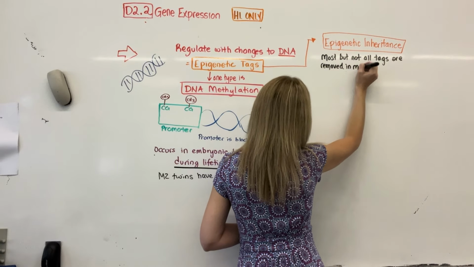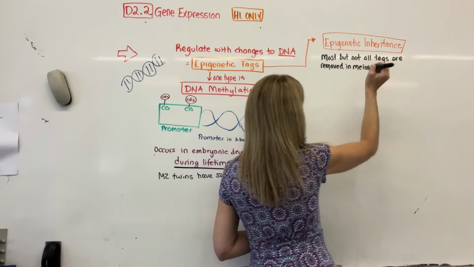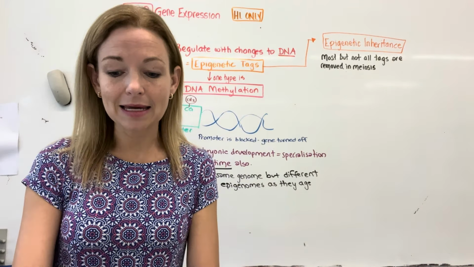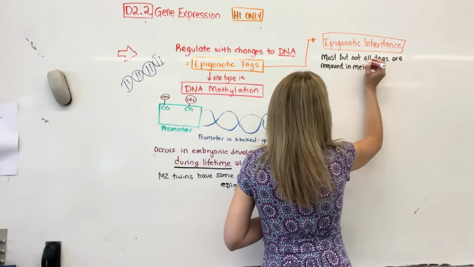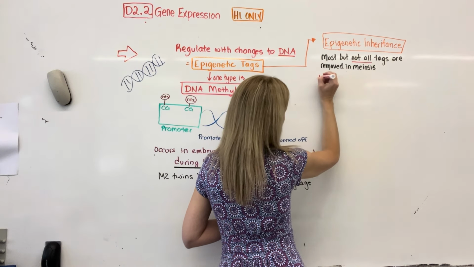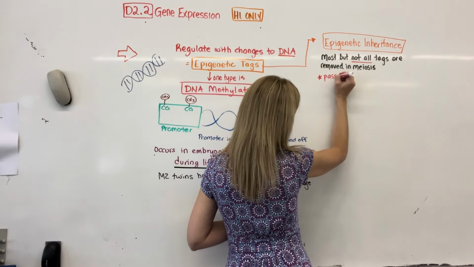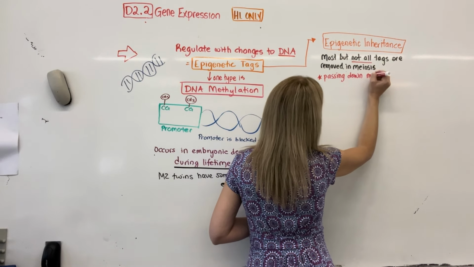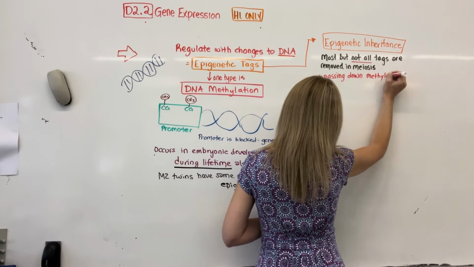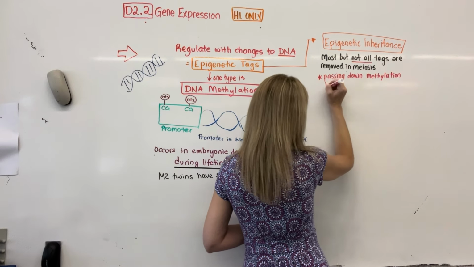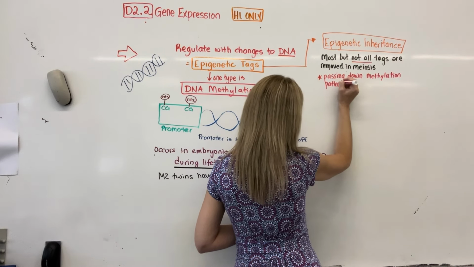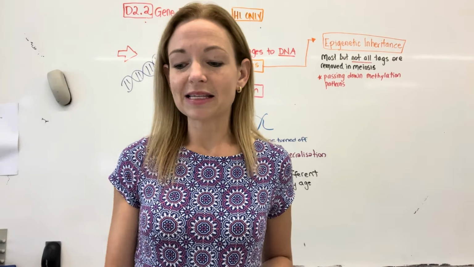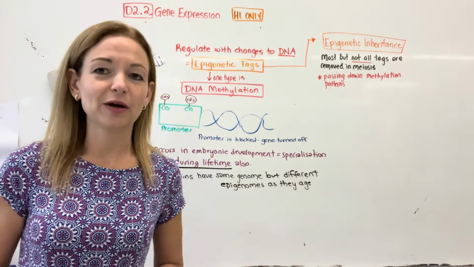Any of them that are not removed, so the key is in this not all, tags that remain, so passing down methylation patterns is an example, is basically a way of inheriting experience. So when that happens, we're passing on consequences of experience.